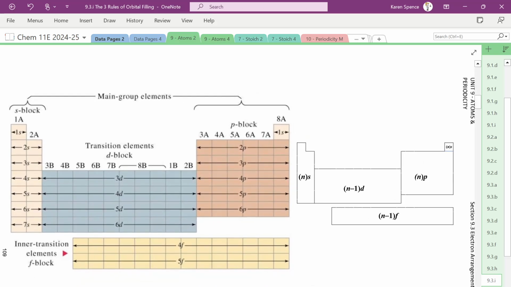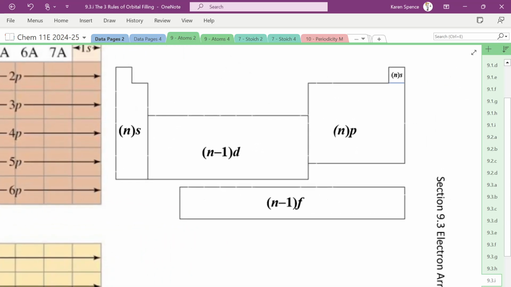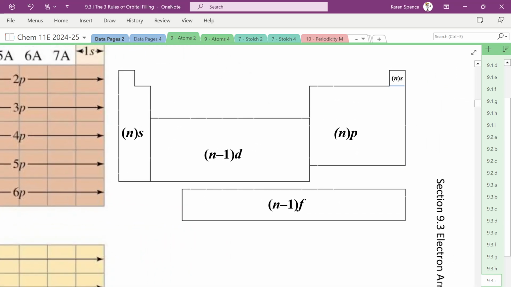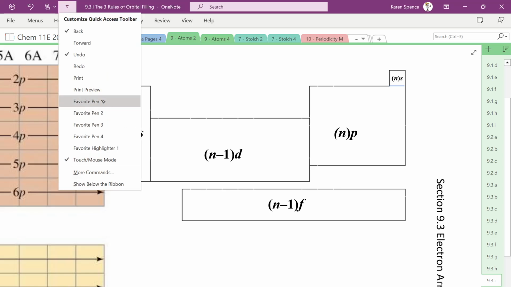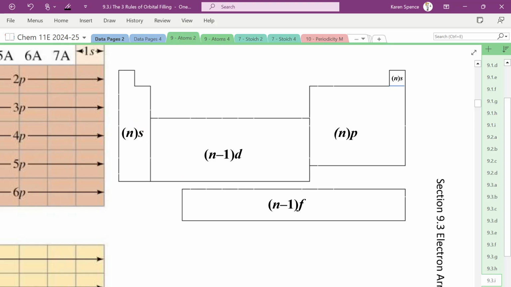One nice thing here, oh, and there's a typo, I see, because whatever row number it is, N is the energy level, and basically N in this case can also be the row number.